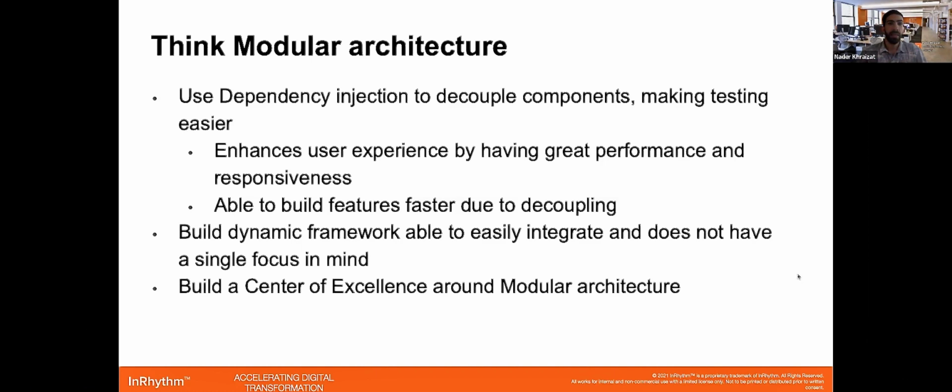And then the other thing that we need to think about is building dynamic frameworks, right? In some cases, when we build certain frameworks, we have a single focus in mind, and we want to try to avoid that. We want to build dynamic frameworks.